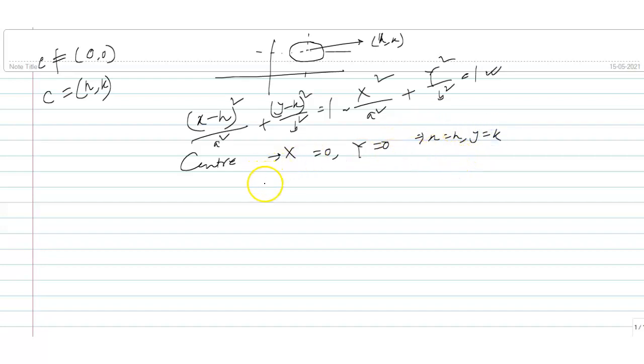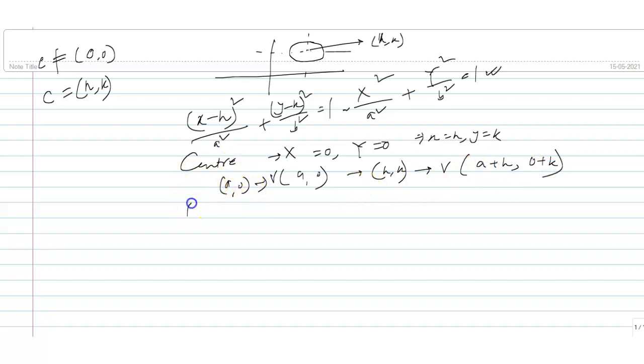For vertices, for center 0 0, what are the vertices? Plus minus a comma 0. If it is (h, k), then the vertices will be just add h to a and 0 plus k. Clear?